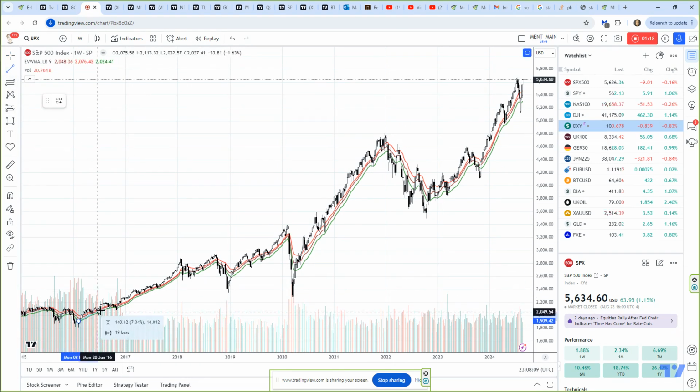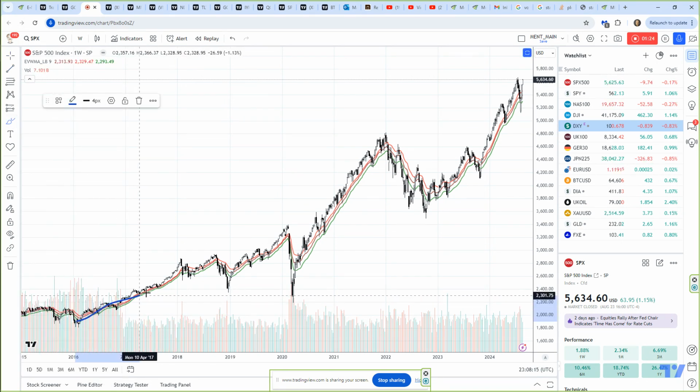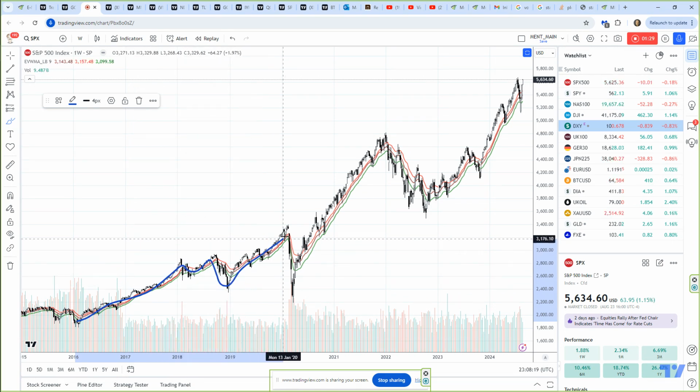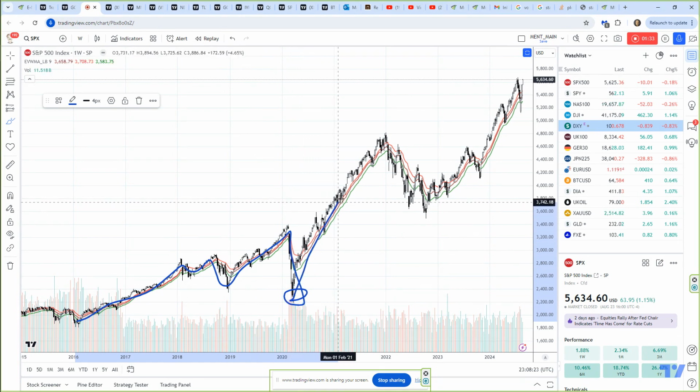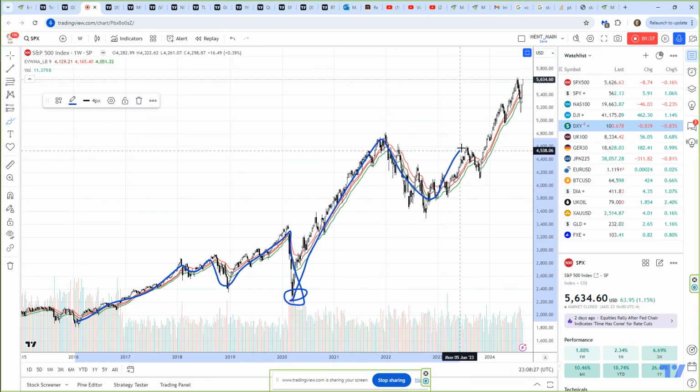We've come all the way up off 2016. Sorry, wrong tool. Come all the way up after 2016, reached the peak in 2018, had the rotation, COVID, and then the big collapse, right? Then we had this massive rally back out of COVID, followed by a fairly solid dip, a pause, and then a rally back out of it.